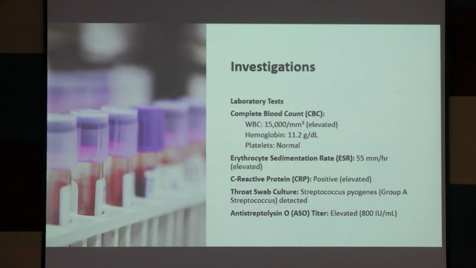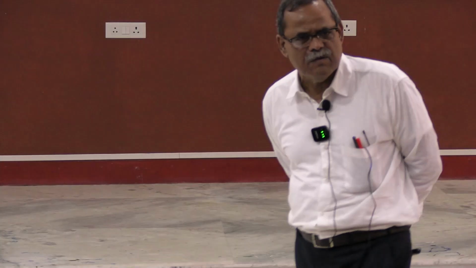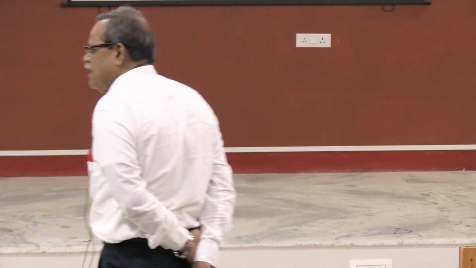Throat swab culture is detected as Streptococcus pyogenes, group A streptococcal infection. ASO titer is elevated. Remember, as the disease occurs 3 to 4 weeks after onset of streptococcal infection, you may not always get a positive throat swab. But still you have to do the throat swab culture.